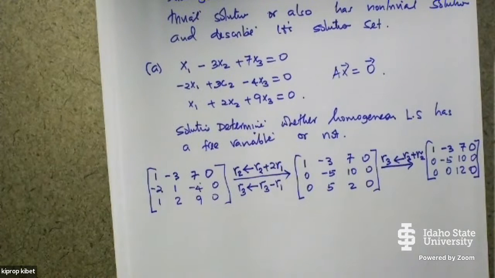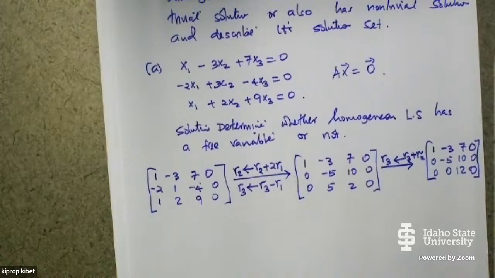So finally, that is what we get when we reduce. What can you see from there? We have pivot positions in each of those columns. Do we have free variables? We don't.